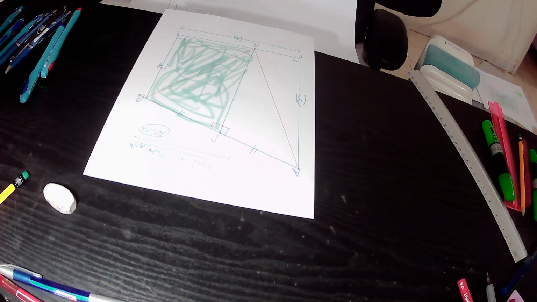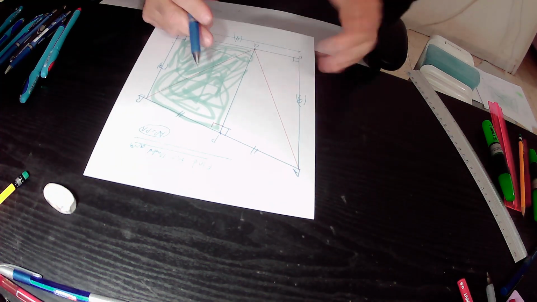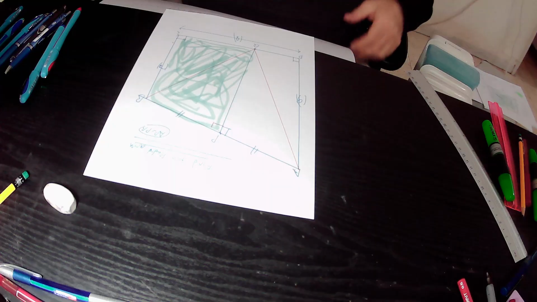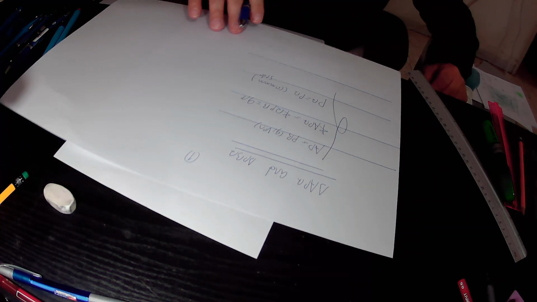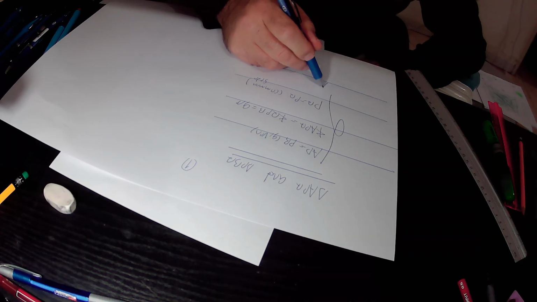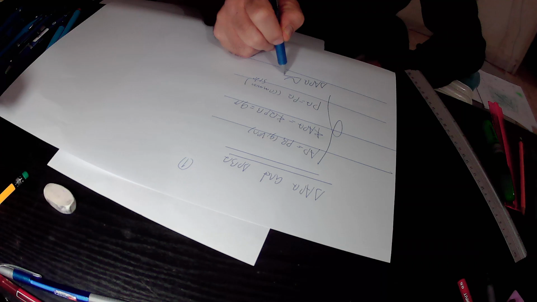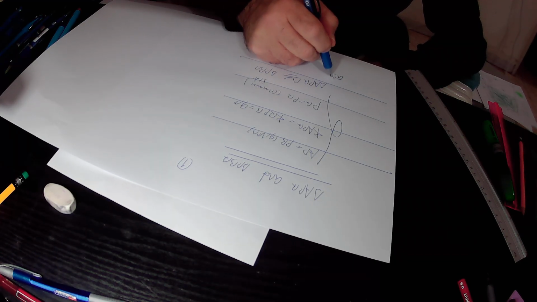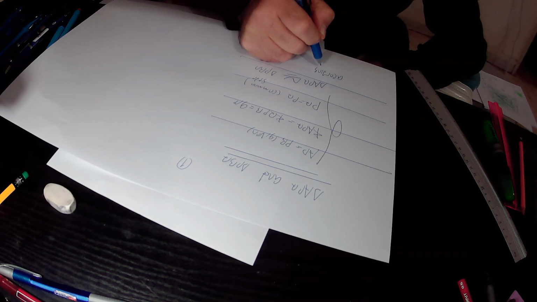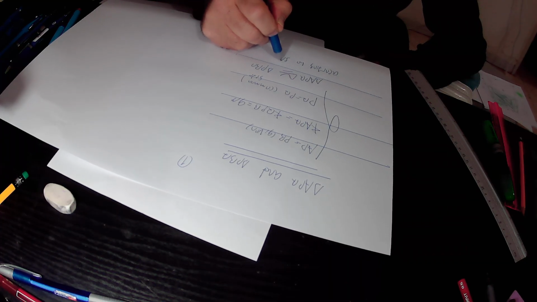So we found that those two right triangles are congruent according to the side-angle-side rule. I can now prove that the right triangle APQ is congruent to the shaded right triangle PBQ according to the side-angle-side rule.